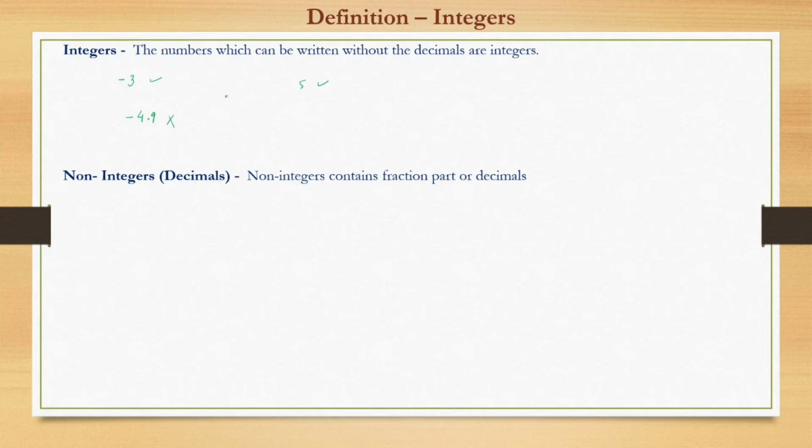Similarly, 5.0: is it a decimal or an integer? 5.0 is nothing but 5, so this is also an integer. But had I written 5.1, this is not an integer, it is a decimal because of the 0.1.